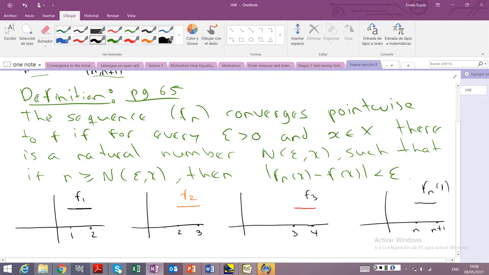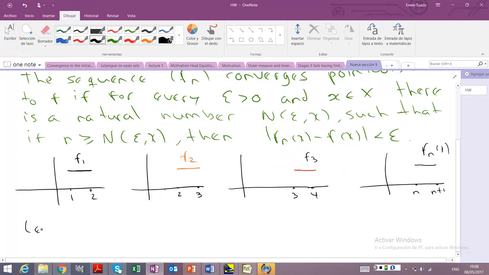So it said the sequence f_n converges pointwise to f if for every epsilon, so let epsilon be fixed.